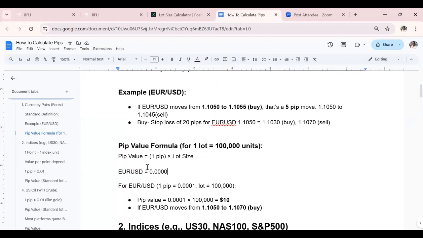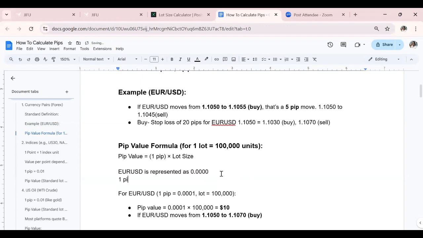Let me even make it easier. Euro USD is represented as this. So you fill the number. So 1 pip of Euro USD is 0.1231.